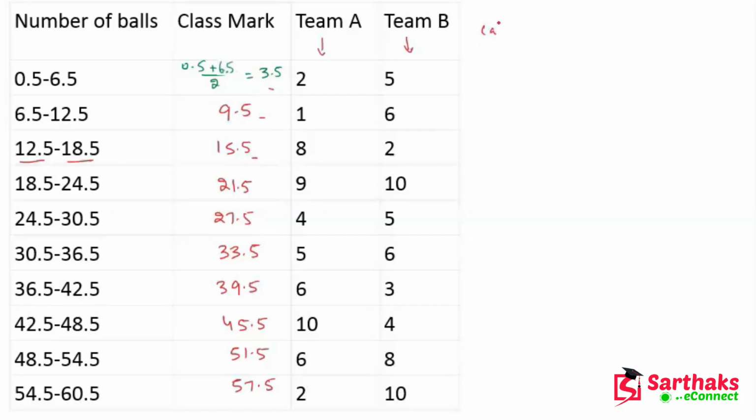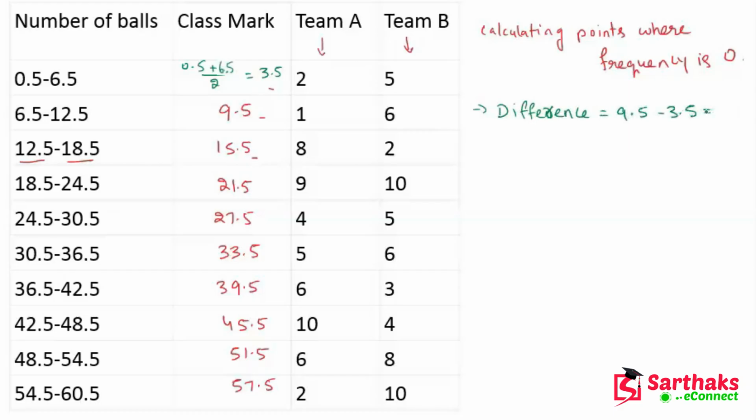So now we can write: calculating points where frequency is 0. The common difference is 9.5 minus 3.5, which is 6. So the first point will be 3.5 minus 6, which equals minus 2.5.